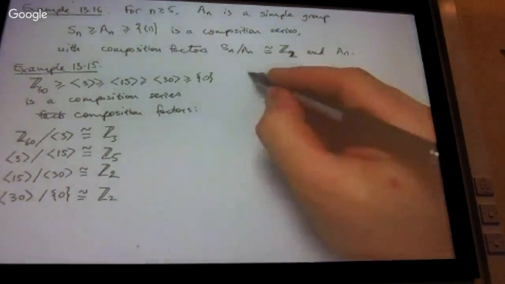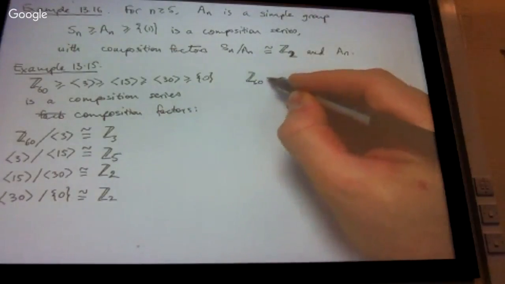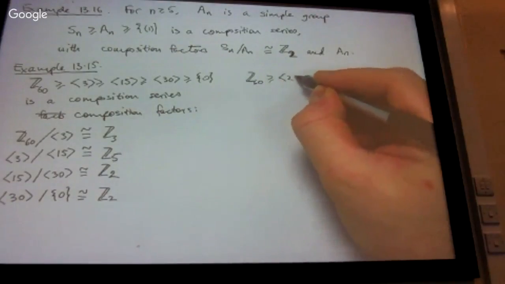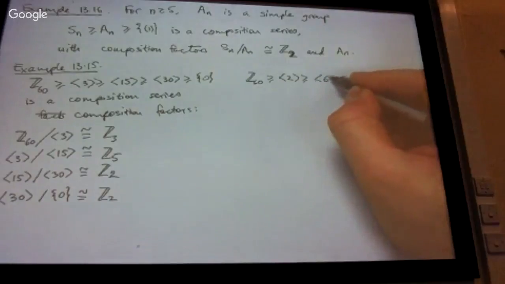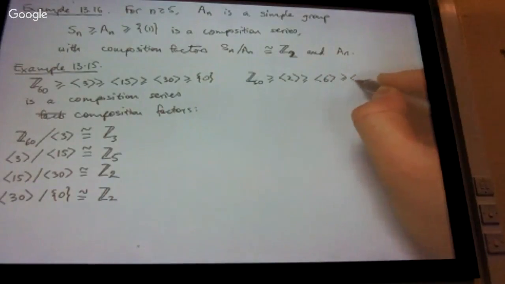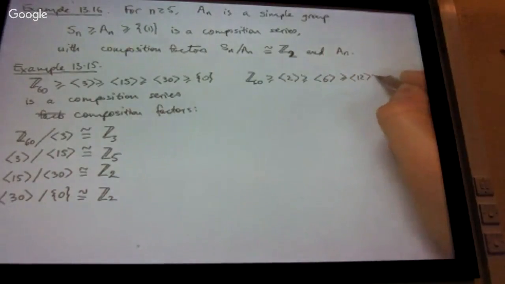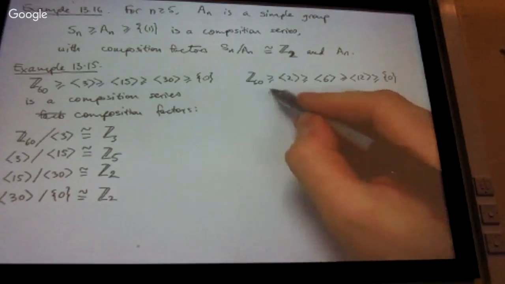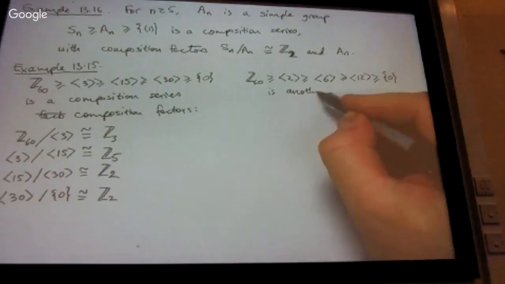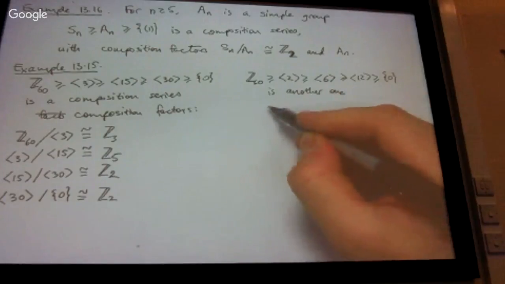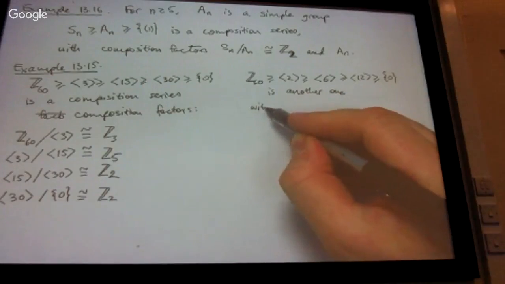And there is another one. Take all the multiples of 2 and all the multiples of 6 and all the multiples of 12 and all the multiples of 60, which is 0. It is another one with composition factors.